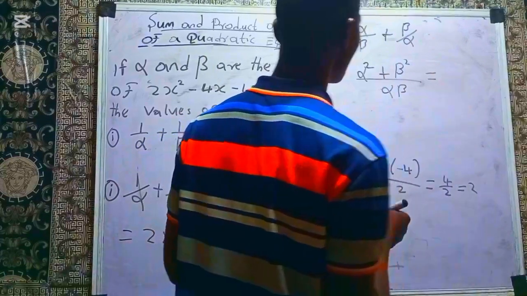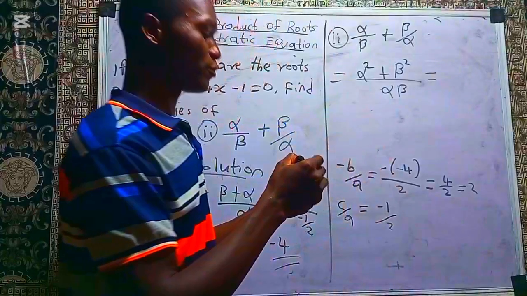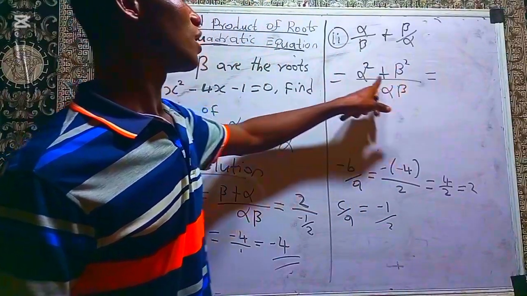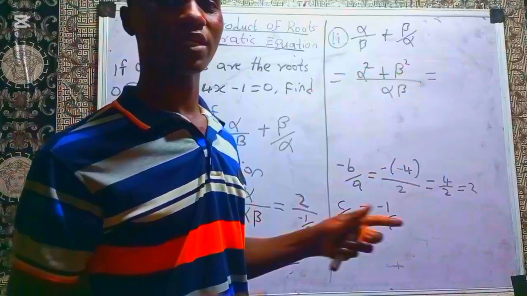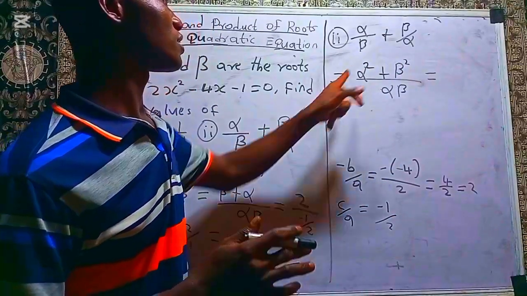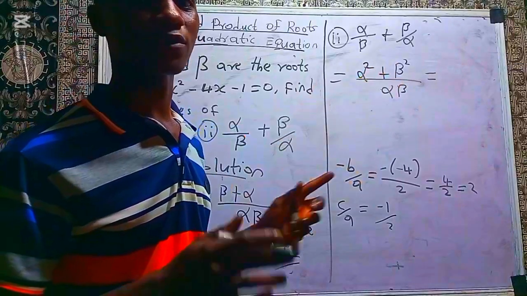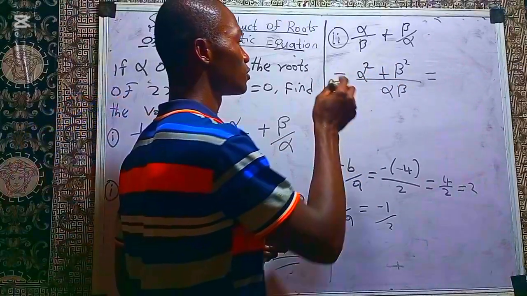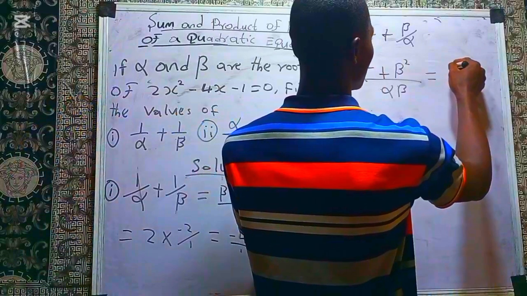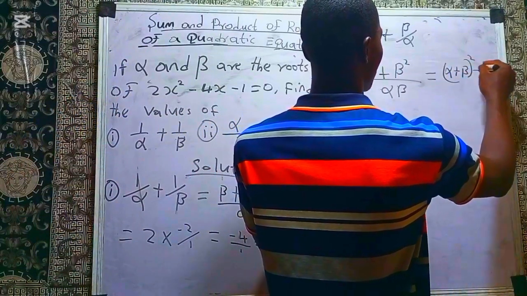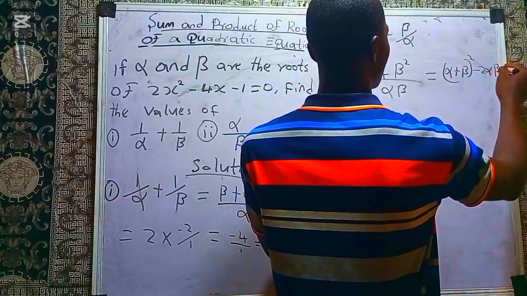So in our previous video, I gave you the equivalent of this, alpha squared plus beta squared, because alpha squared plus beta squared is not actually in terms of the sum of the roots, because this is the sum of squares of the roots instead of the sum of the roots. So let's write in terms of the sum of the roots, and we wrote that in our last video. This is equivalent to alpha plus beta all squared minus 2 alpha beta.